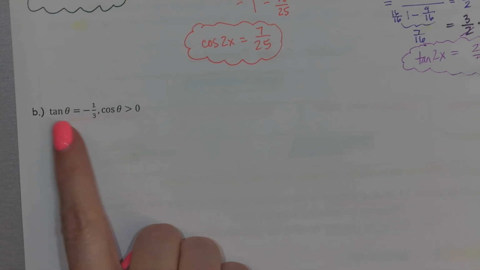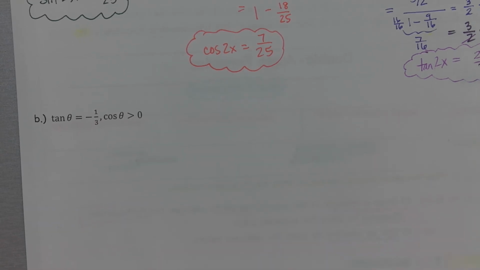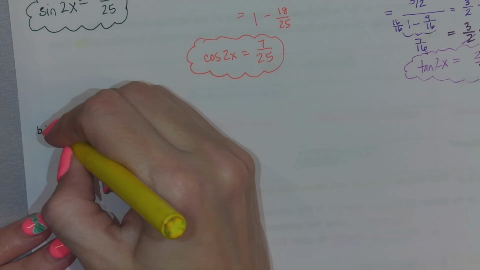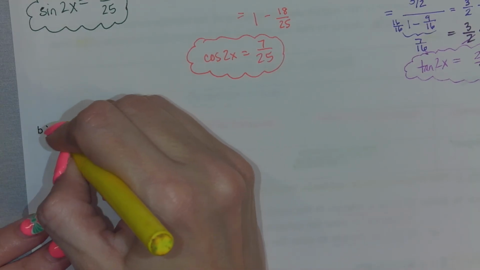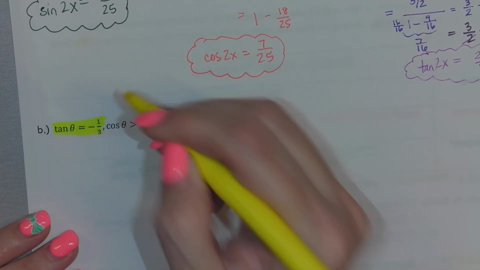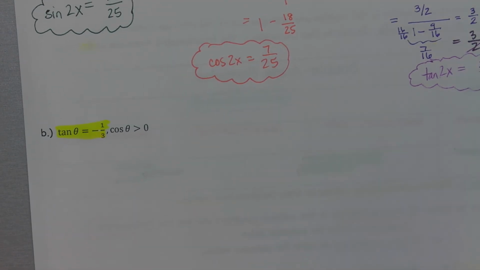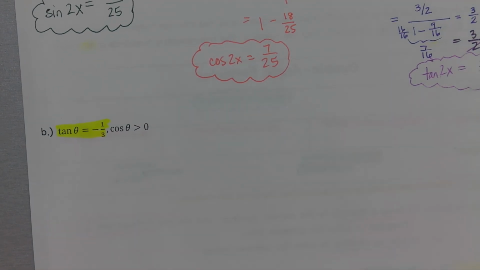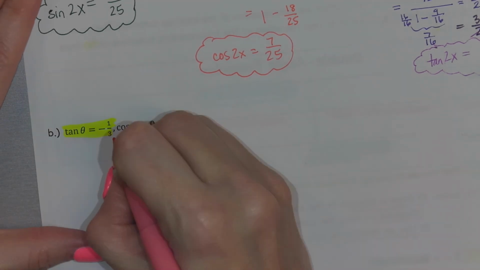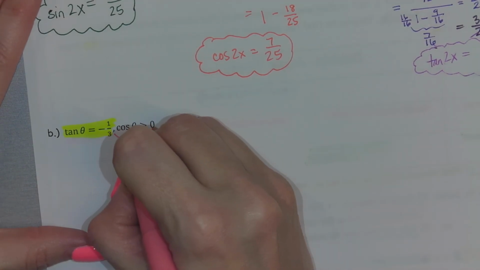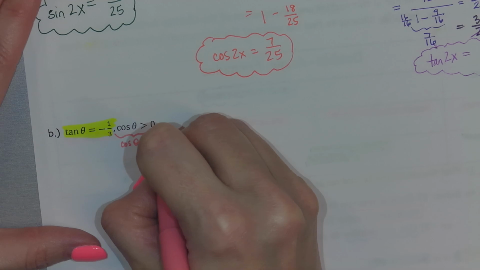All right, and then let's look at part B. So part B, you are again given a trig function, but it doesn't tell you what quadrant it's in. You get to figure that out based on what they give you. It's a mystery right now. So they do tell you that the cosine of theta is greater than 0. So they're just trying to tell you that, hey, your cosine is positive.